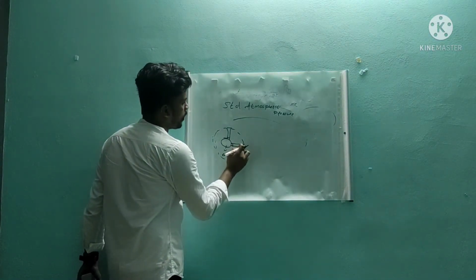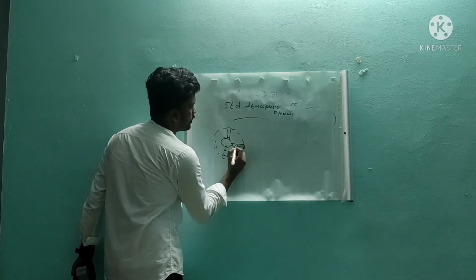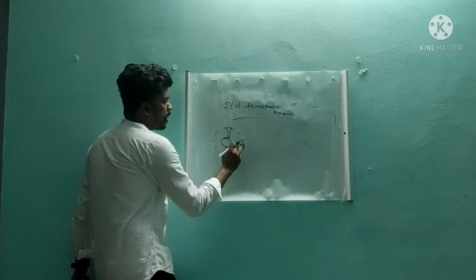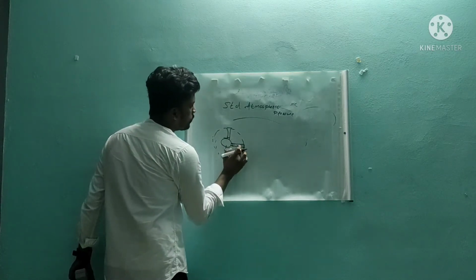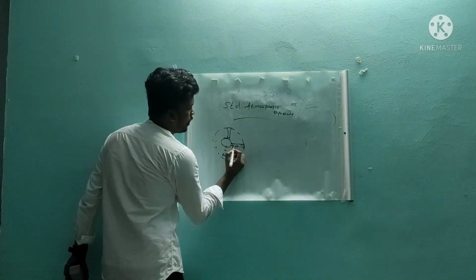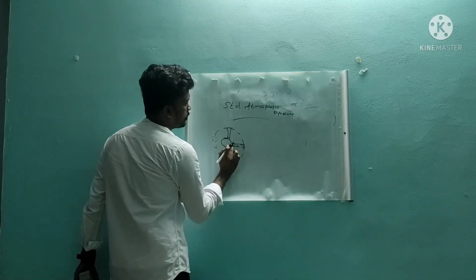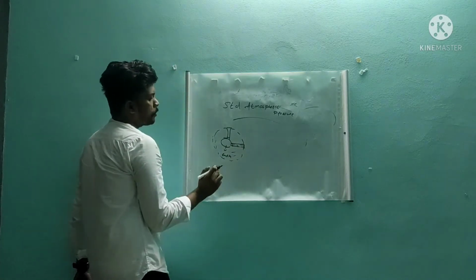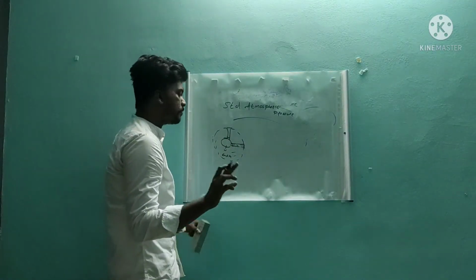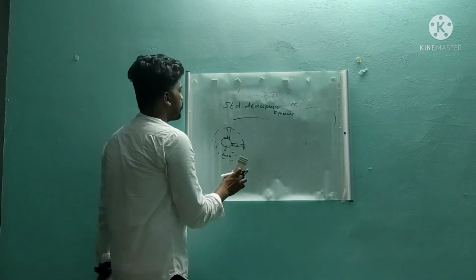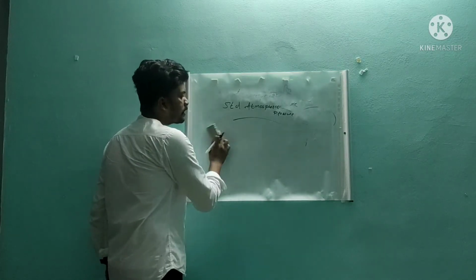The force exerted by all the gases, there will be gases here, and gases here also, exerting force on this unit area. The force exerted by the gases per unit area is atmospheric pressure, like this air column.